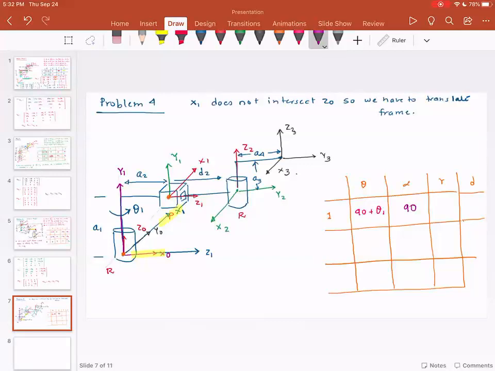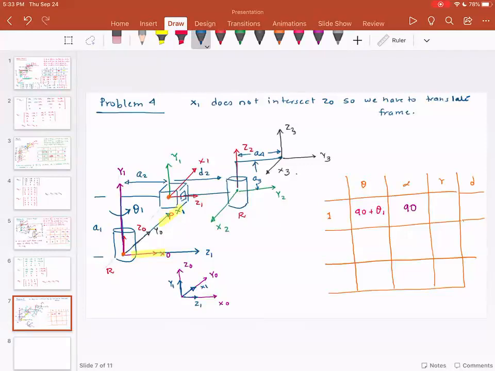Because check this out, you have X0, Z0, Y0, and I'm going to show you this is X1, this is Z1, and this is Y1.